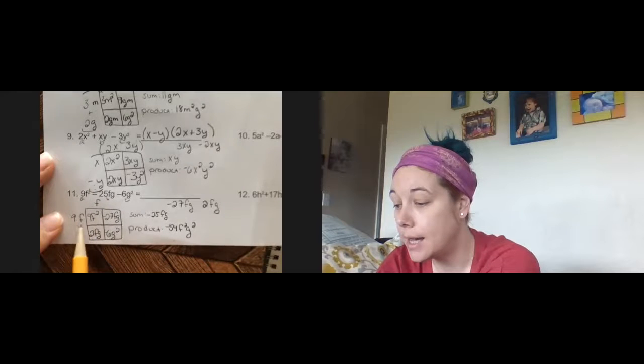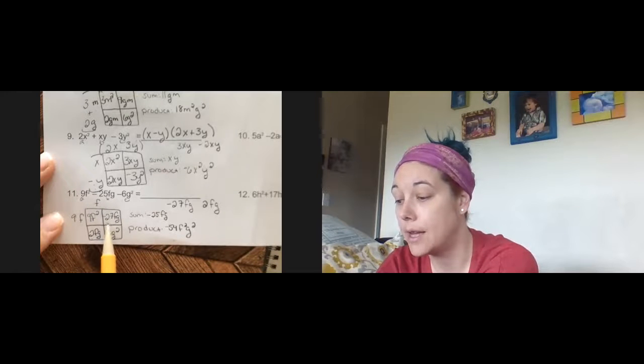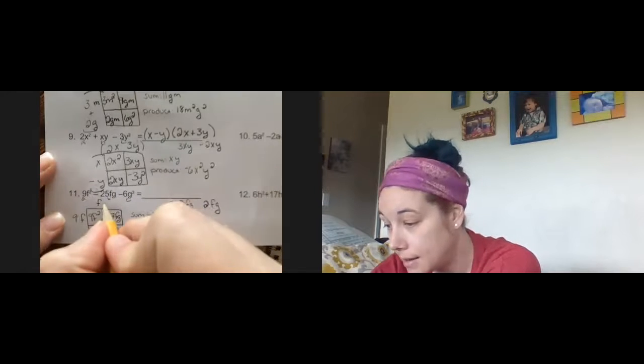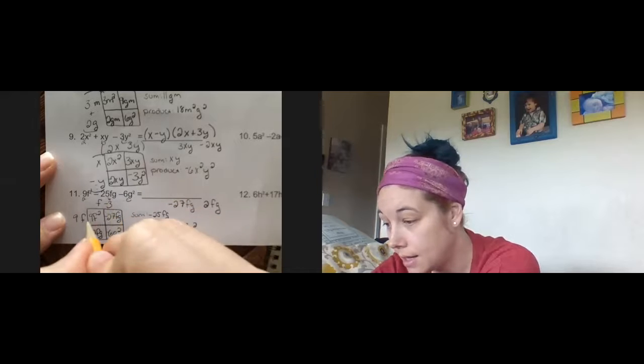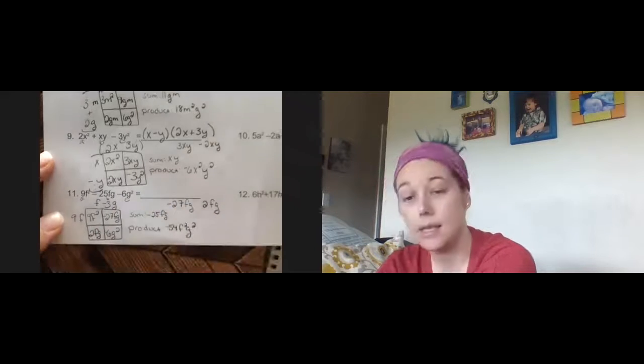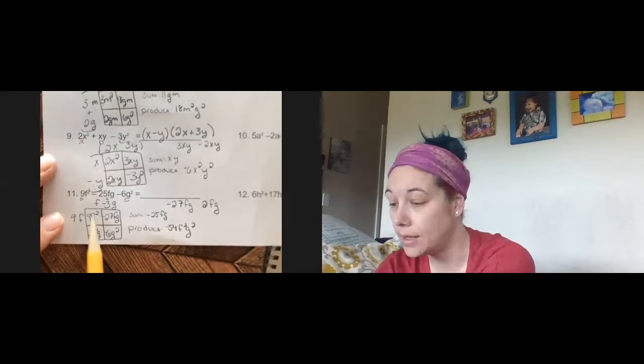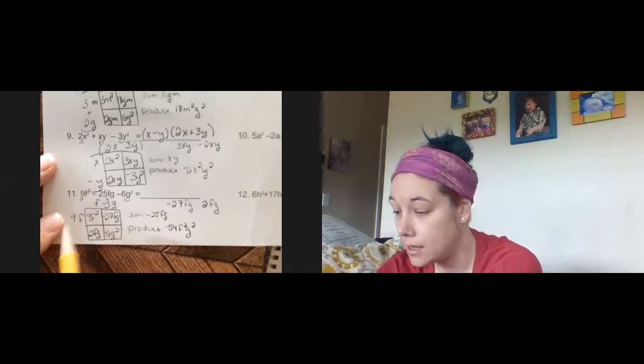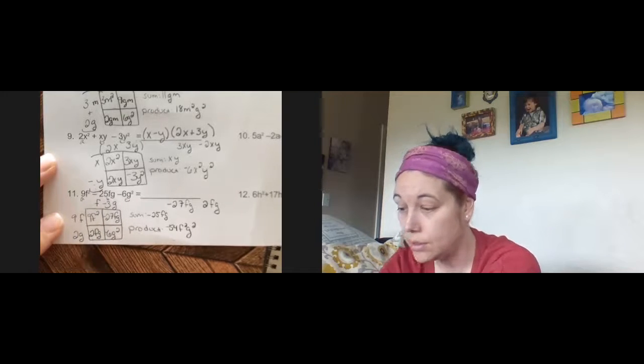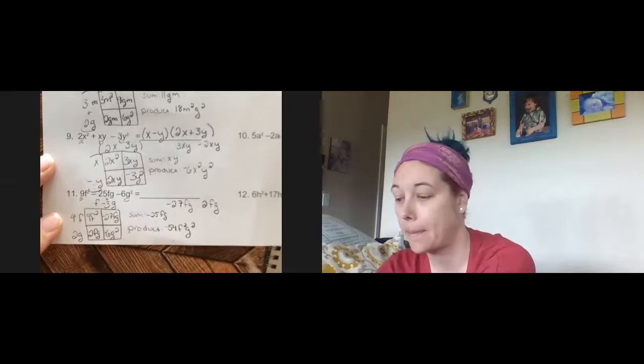So what times 9f gives me negative 27fg? Well, 9 times negative 3 is negative 27, and f times g is fg. All right, let's fill this one out. What times f gives me 2fg? I need a 2 and I need a g.